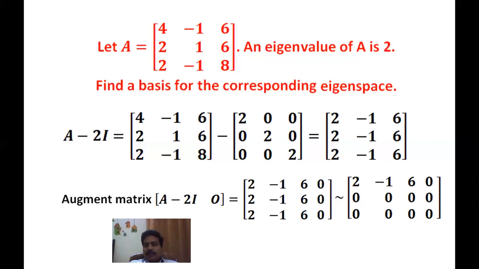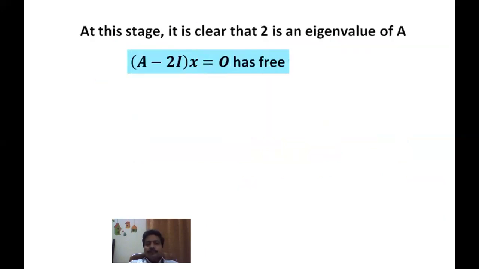So this system of equations has a non-trivial solution, that is a solution other than the zero solution. So it is confirmed that 2 is an eigenvalue. Here it is given that 2 is an eigenvalue, but even if you are asked to check whether 2 is an eigenvalue or not, by seeing this echelon form, we can say that 2 is an eigenvalue, since (A minus 2I)x equal to 0 has free variables.